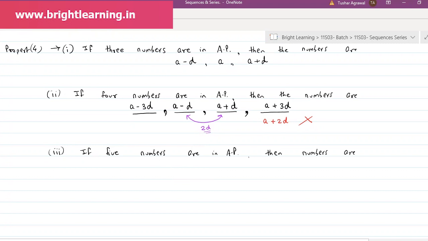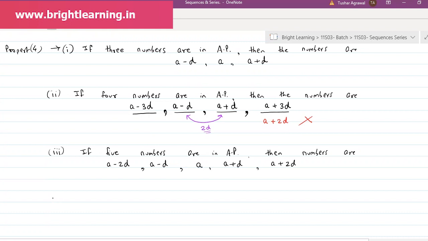The first two get paired up with the last two, and the middle third position is the proper middle position. So we will start from the third position; the fourth position and second position will get paired with each other, and the fifth and first, A plus 2D, A minus 2D. Here the common difference is D only.